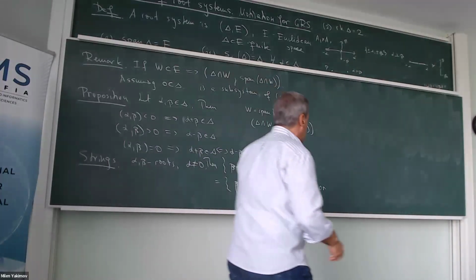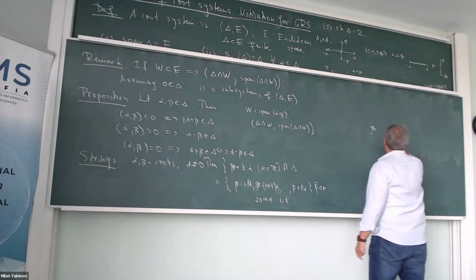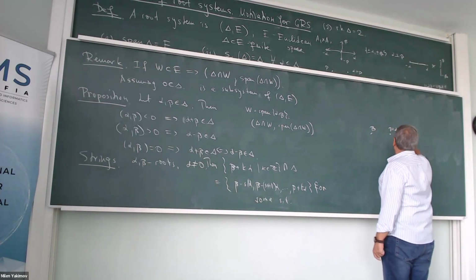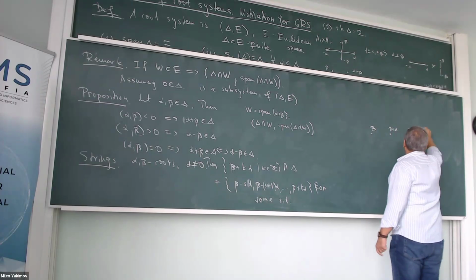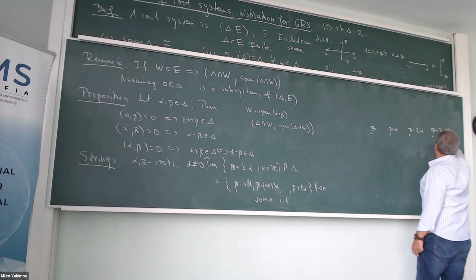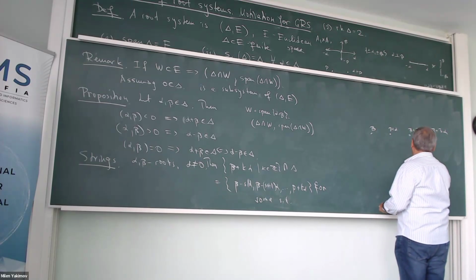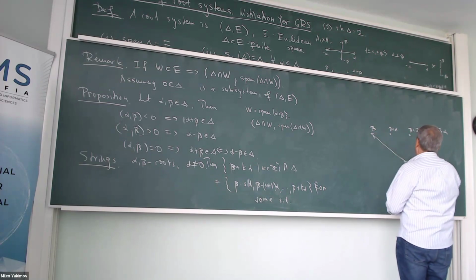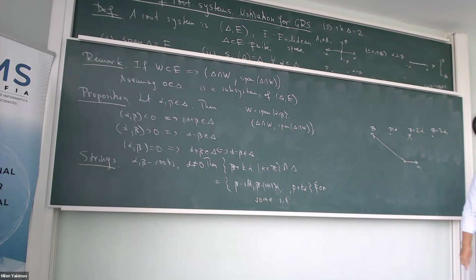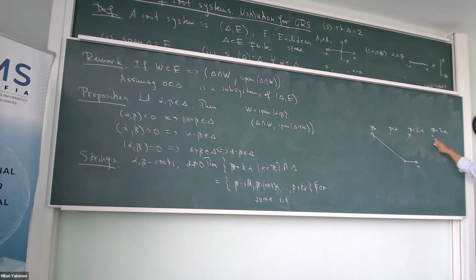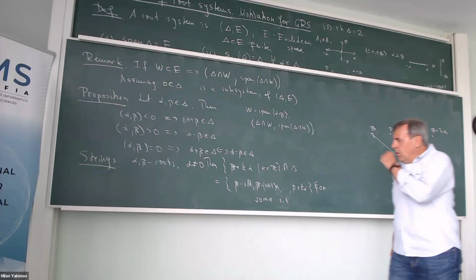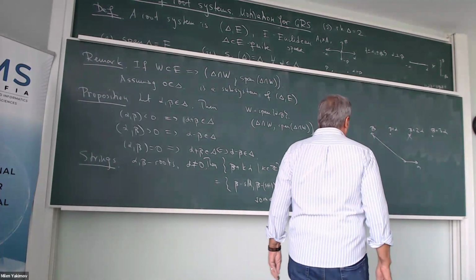So I cannot jump. I start here at beta. I have beta plus alpha, here beta plus 2 alpha, beta plus 3 alpha. I'm claiming that I cannot jump and have beta plus alpha and beta plus 3 alpha, but not beta plus 2 alpha.